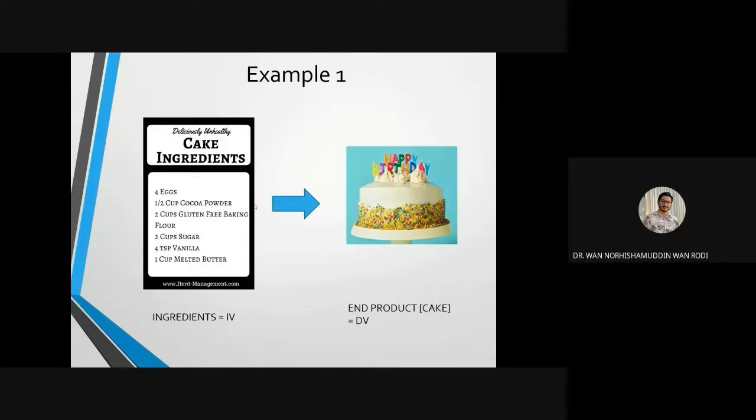So what happens to our end product, the cake, is that probably it will not become a cake, or maybe the taste is not as delicious as it's supposed to be. So in this context, what you are looking at is the relationship between ingredients and the cake.